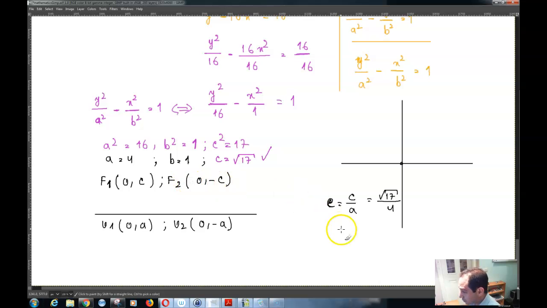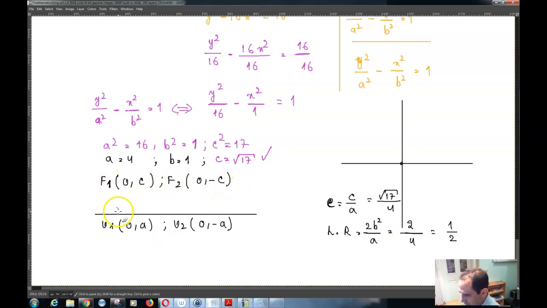And the length of the latus rectum would be the same thing, 2 times B squared by A, which is 2 times 1, which is equal to 2. A is equal to 4, so 2/4, which is equal to 1/2.